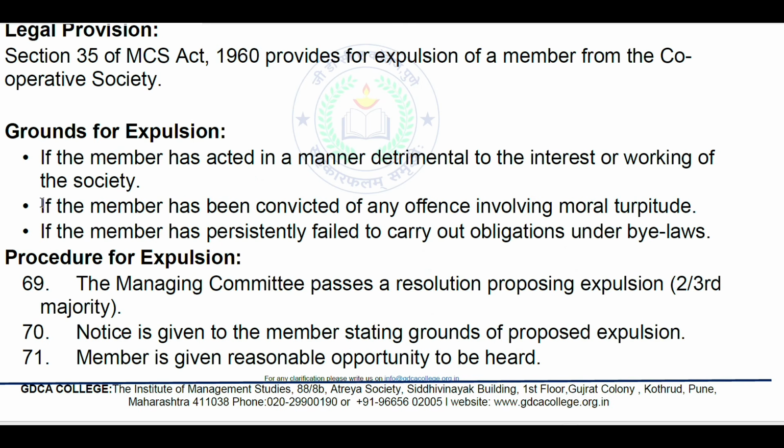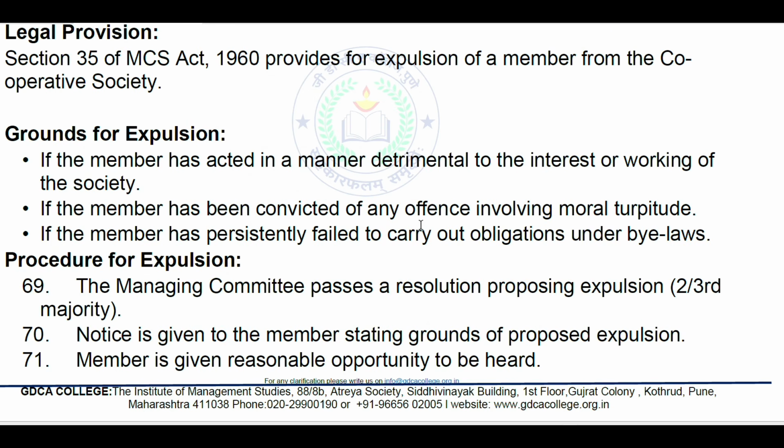If the member has been convicted of any offense involving moral turpitude. If the member has persistently failed to carry out obligations under the bylaws. On these grounds expulsion happens.